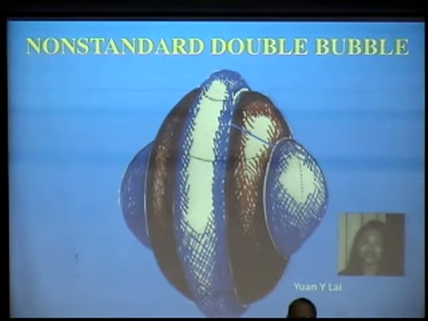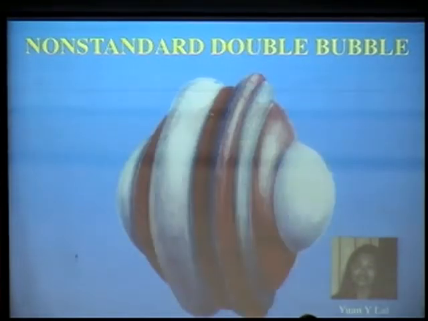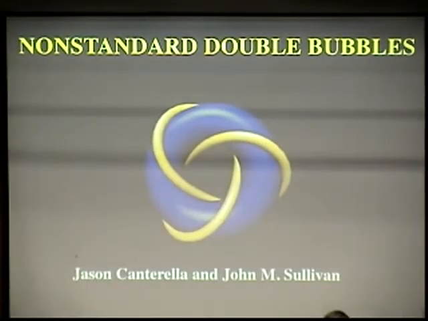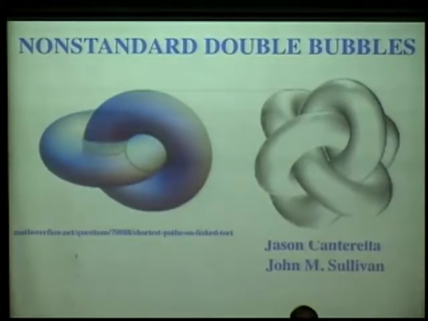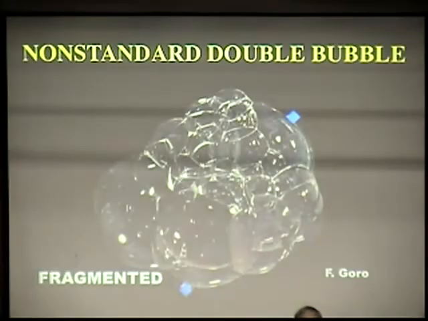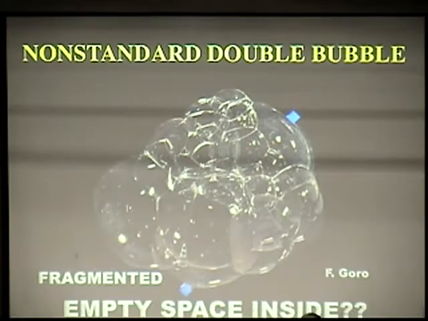Actually, in this context, connectedness doesn't have any real significance. And if that could happen, maybe you could have layers of inner tubes on inner tubes on inner tubes. Or maybe you could have the bubbles knotted around each other somehow. Or maybe the thing could be fragmented into millions of components, maybe even with some empty space accidentally trapped on the inside. So this is sort of the low point of the talk.